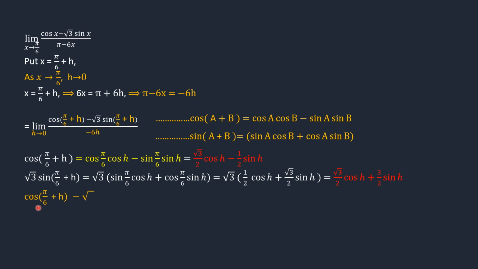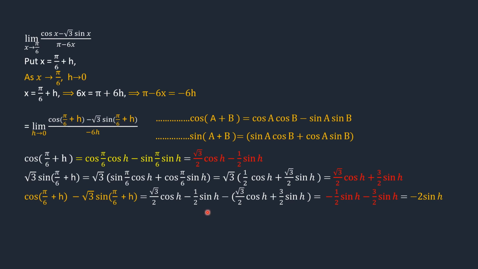So the numerator becomes, see here, this is the first part, minus root 3, the second part, this one.